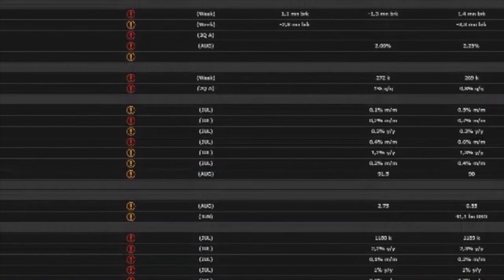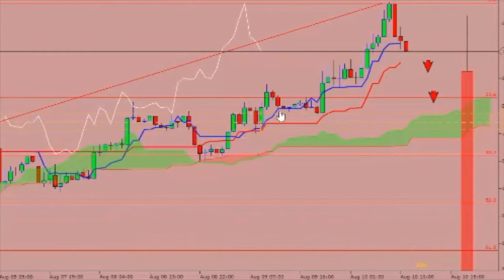Medium and high impact news events are the ones that move the pairs 60, 70 pips in 5 minutes. Those are the news events you want to keep an eye on. And today we happen to have 3 coming out, bam, bam, bam, right after one another.